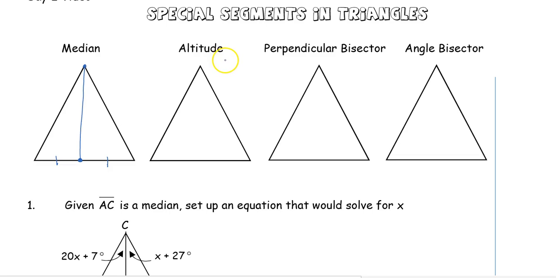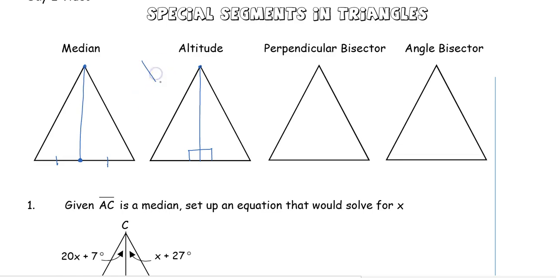The altitude is going to be perpendicular to the opposite side. So the altitude is also going to go from the vertex and it's going to drop down perpendicular, and we know perpendicular lines are going to form right angles. The altitude can look a little different depending on what kind of triangle you have. Your altitude can be inside the triangle like we have here.